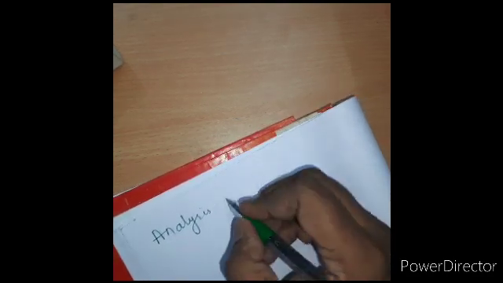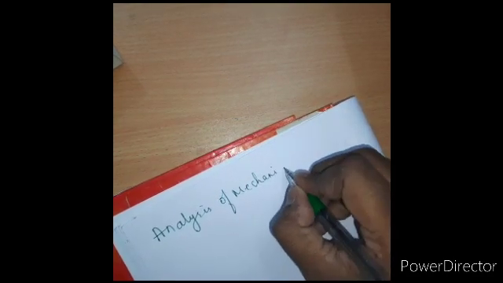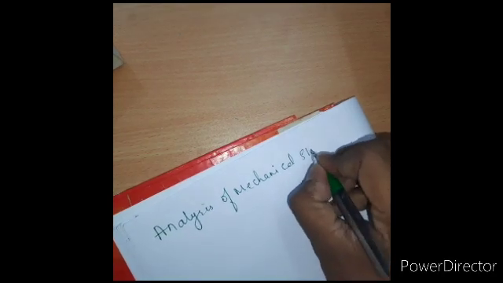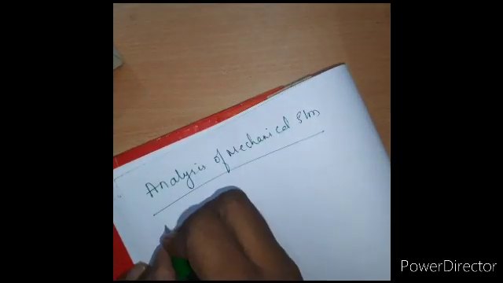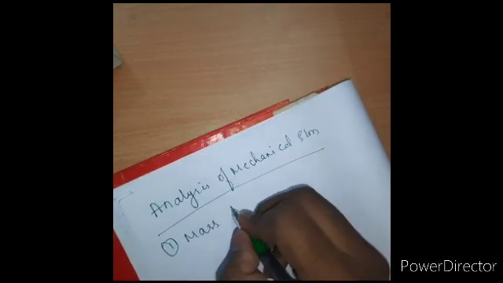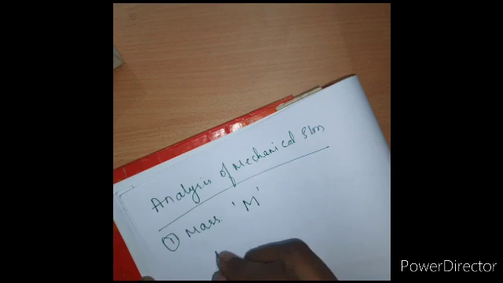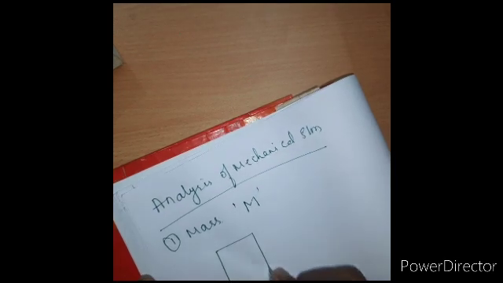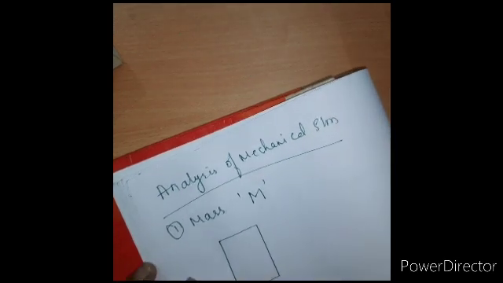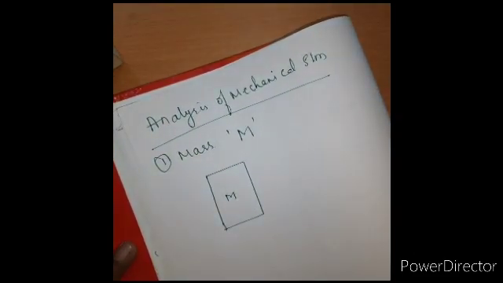Now let's start the analysis of mechanical system. First one, what we said, it is mass. It is represented as M. Mass is nothing but a physical object. An object that has weight, I will call it as mass.